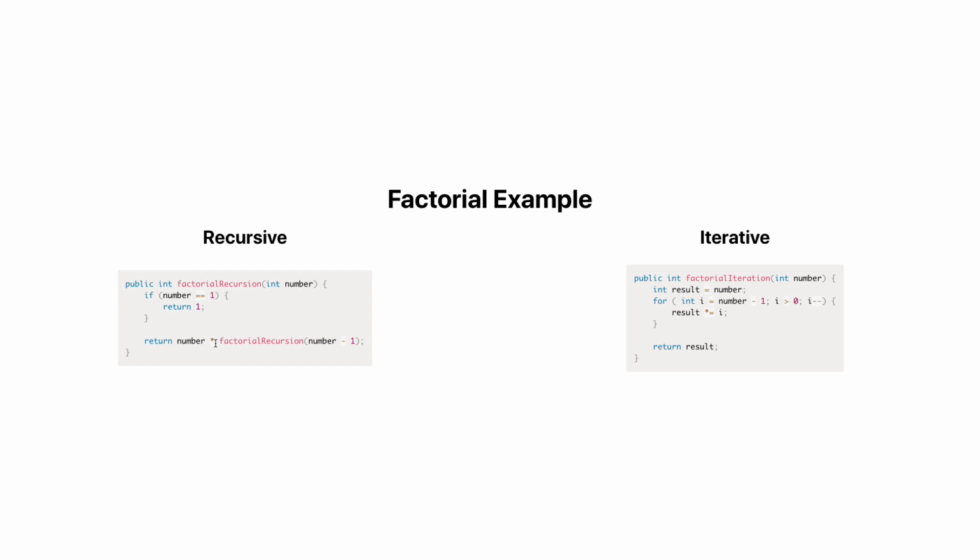That return statement calls the same function again, and it keeps checking every time. It's like you're going inside another iteration of the function every time until the exit condition is met. And then when that happens, you complete each iteration of the function up through the layers until you're done with the initial one. I don't know if that makes sense.